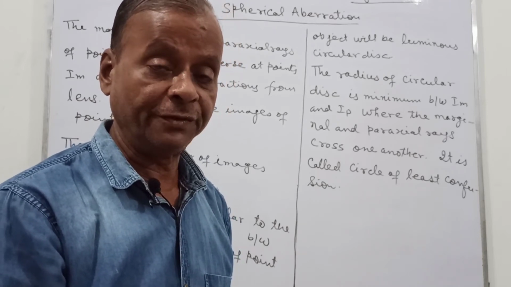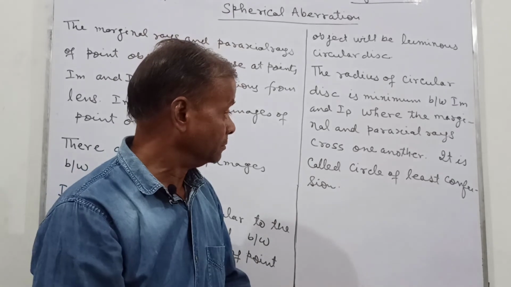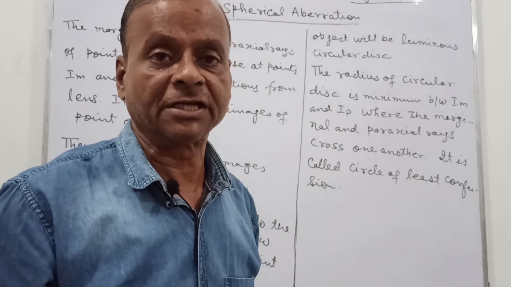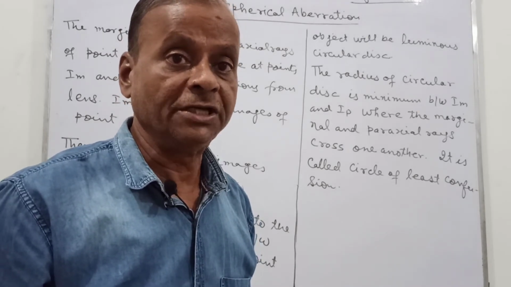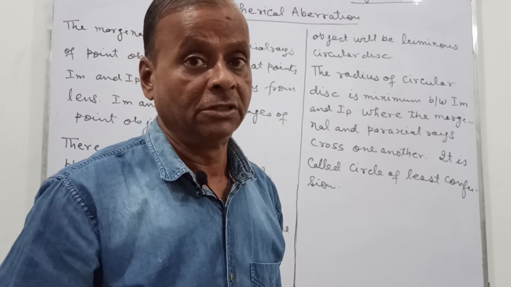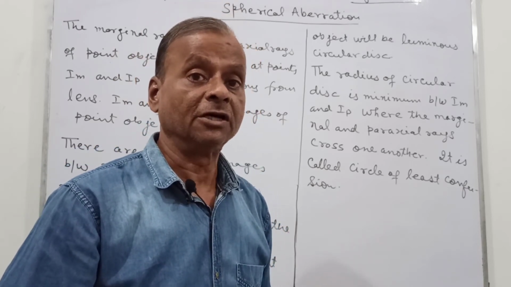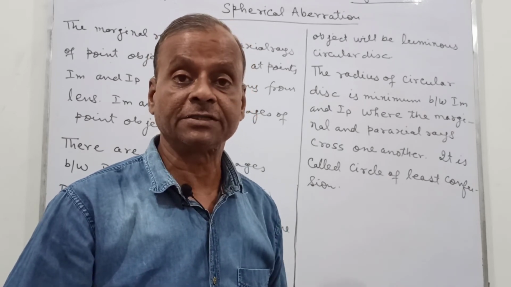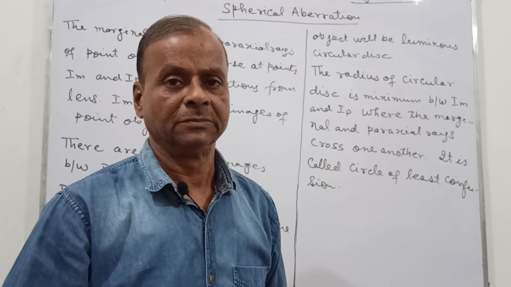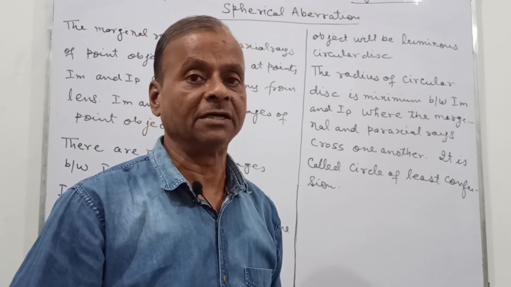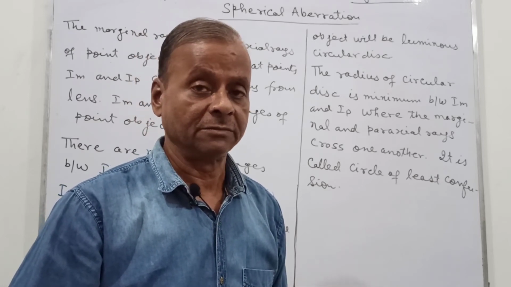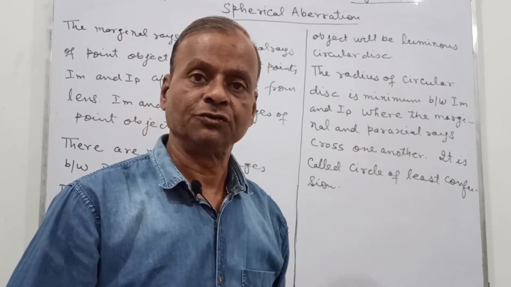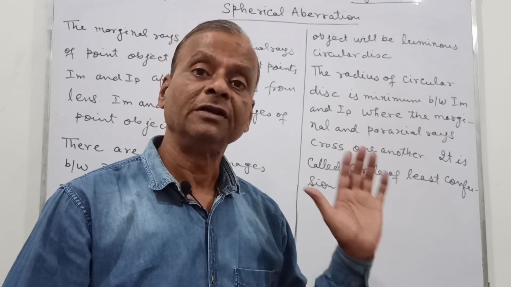When we have this circle of the minimum radius, we call it the circle of least confusion. Here this confusion is very small, and in the remaining part the circular discs are of higher radius, so there is more confusion. So when the paraxial and the marginal rays cross each other, there is the circle of minimum radius. This circle is called the circle of least confusion.